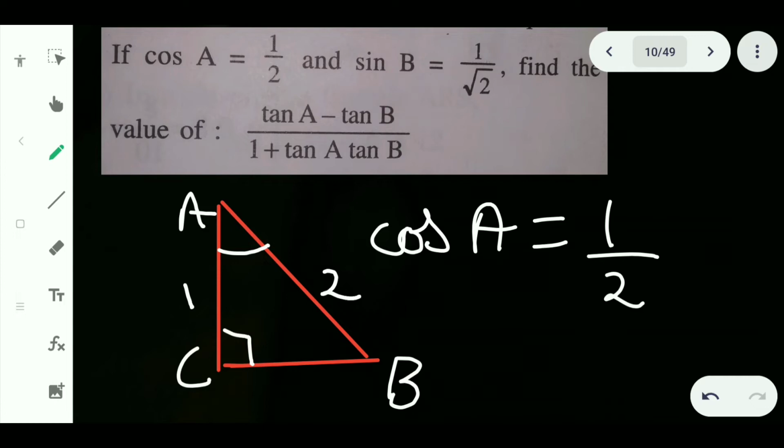Now sin B is equal to 1 by root 2. Sin B is nothing but 1 by root 2. By Pythagoras theorem, we are getting the value of BC.